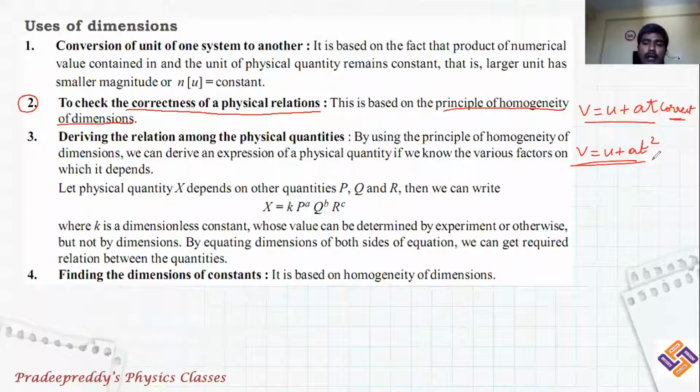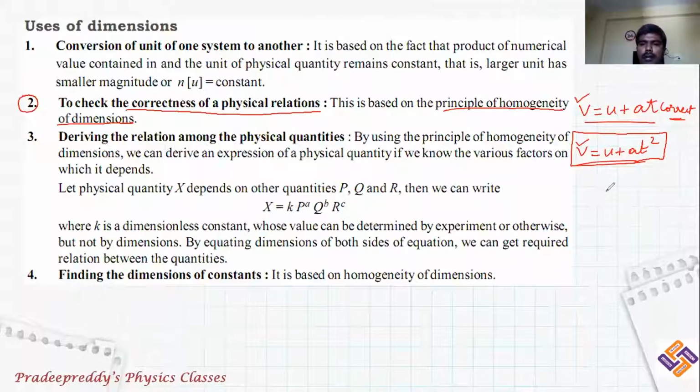He has doubt whether the first one or the second one is correct. He can check which equation is correct using dimensional analysis.